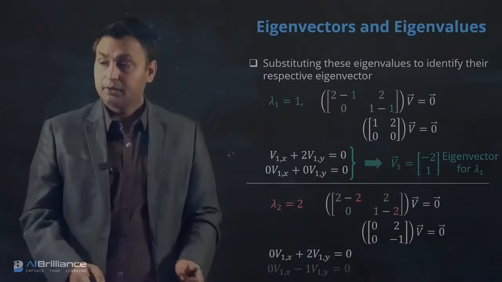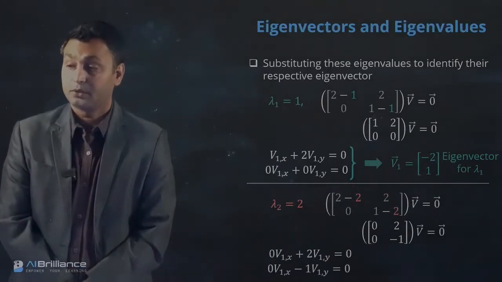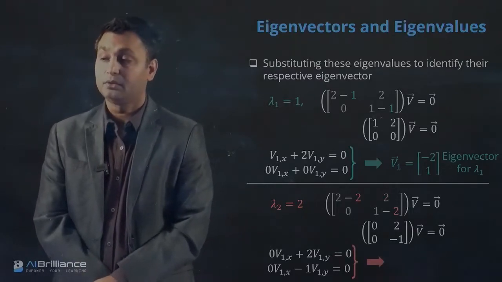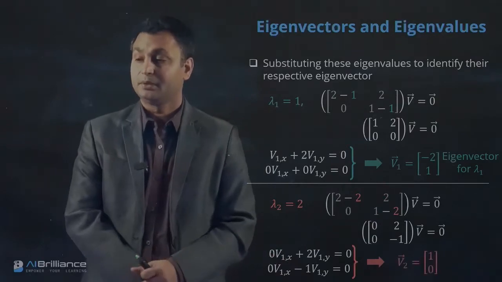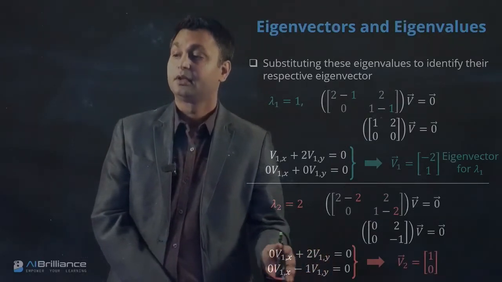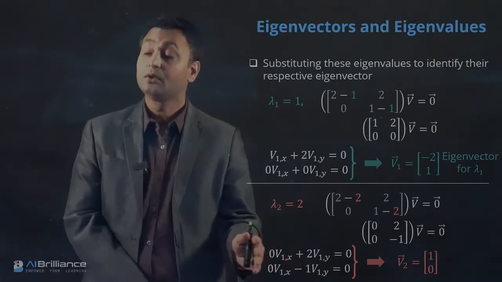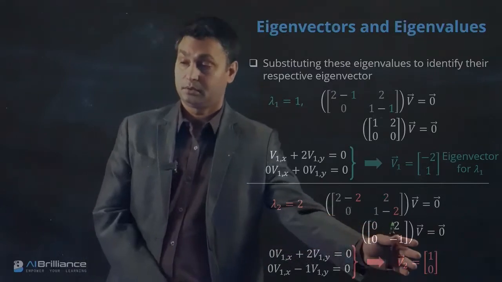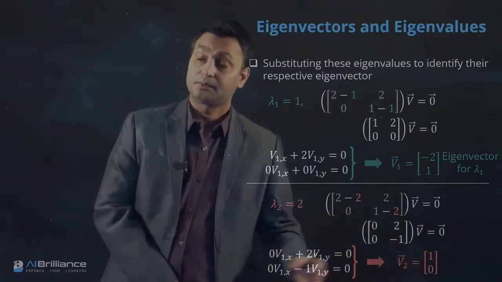Now, what is the way to solve this equation? In order for this equation to be valid, v1y has to be 0, and then that will lead to multiple different values that you can select for v1x.